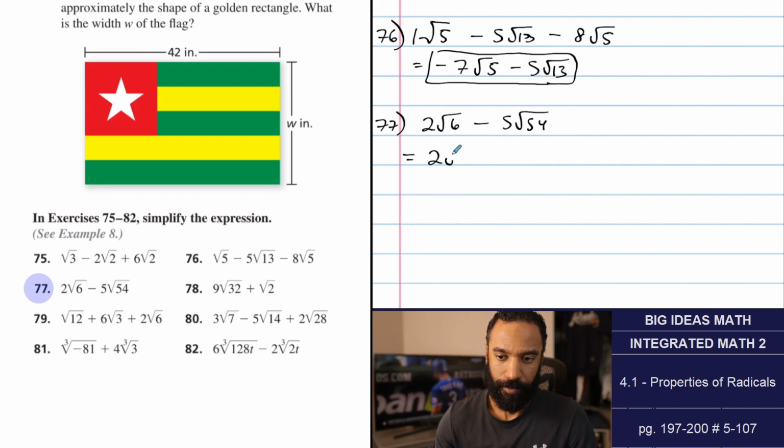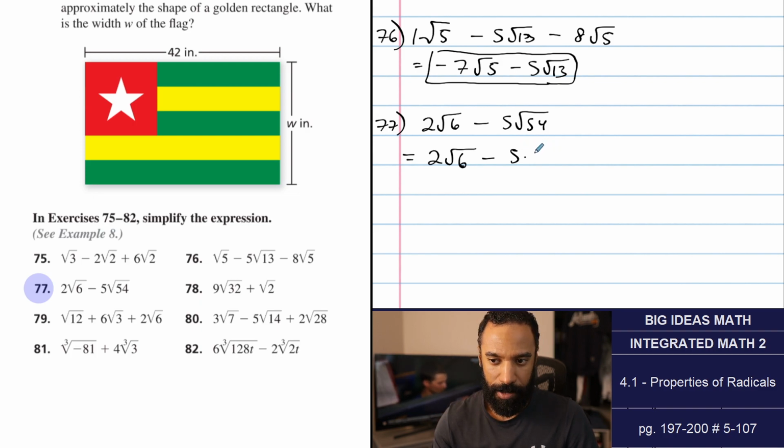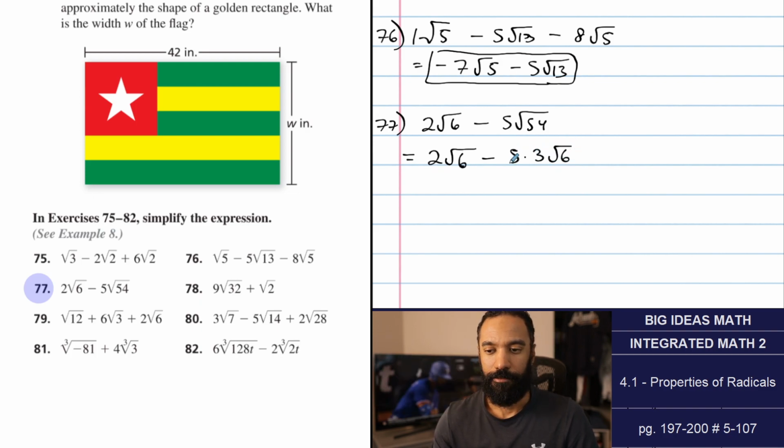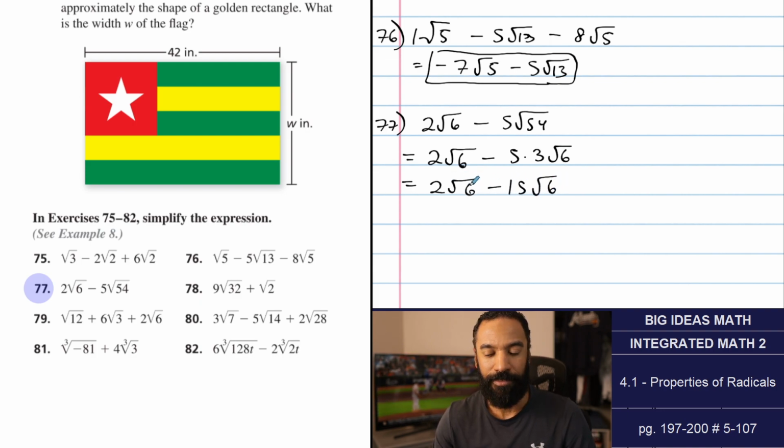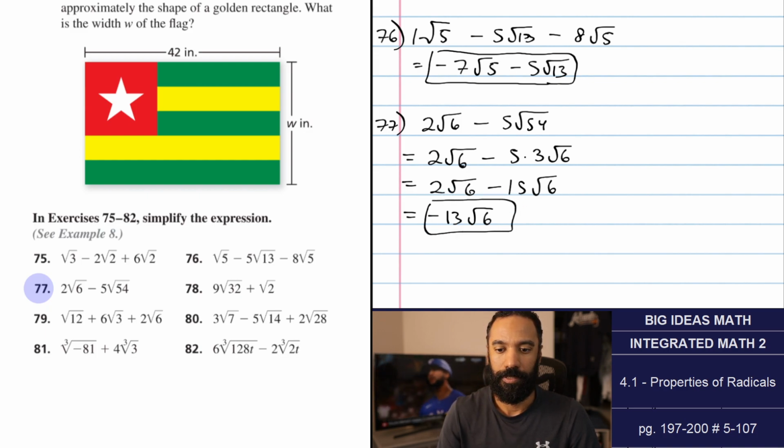So this is 5 times root 9 times root 6, which is 3 root 6. 5 times 3 is 15. So this becomes 2 root 6 minus 15 root 6. And now we have root 6's. We have like radicals. 2 minus 15 is negative 13, and we get negative 13 root 6. We're pretty good on time.